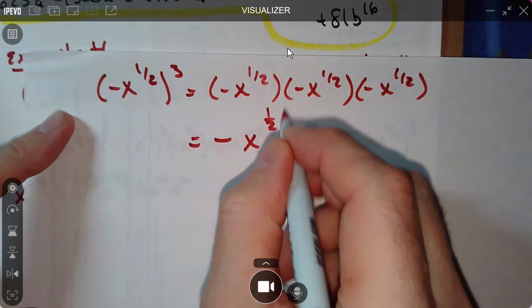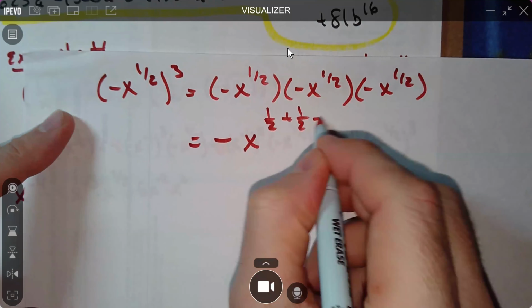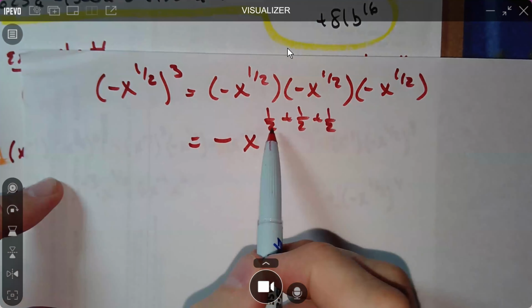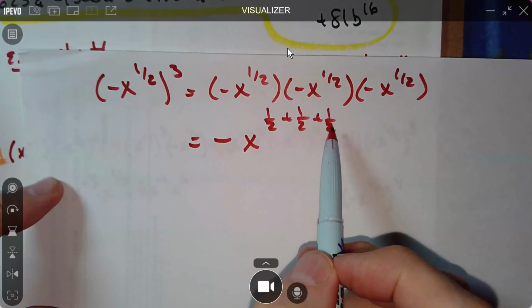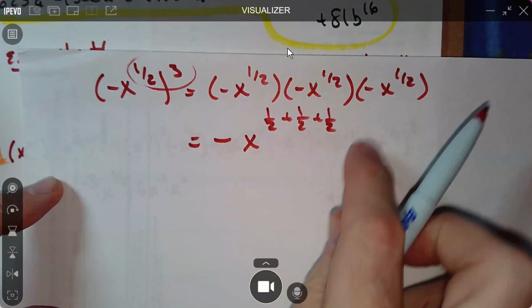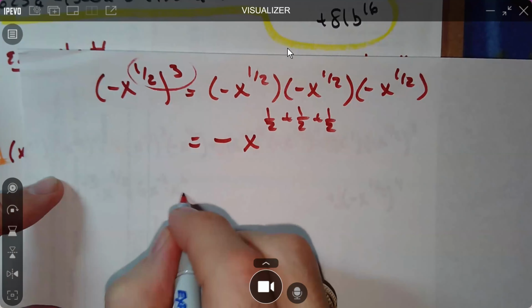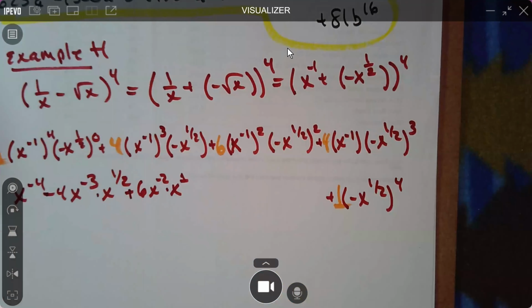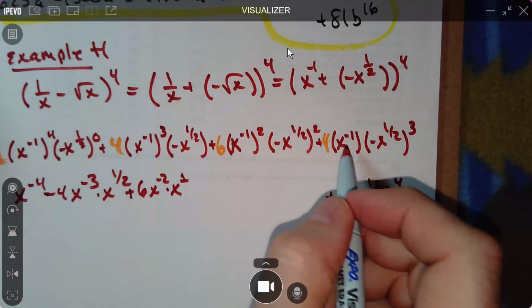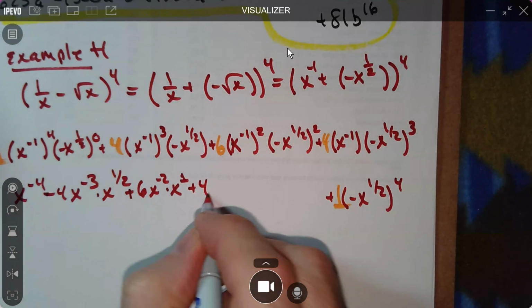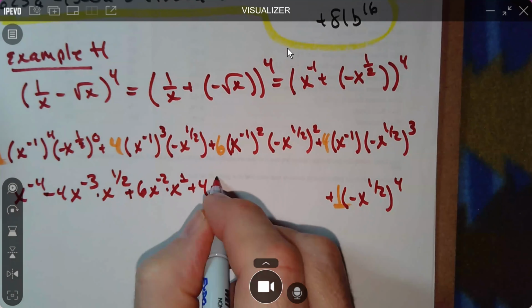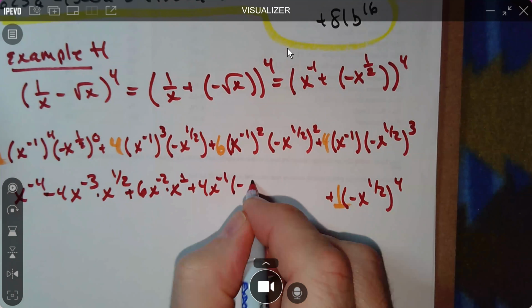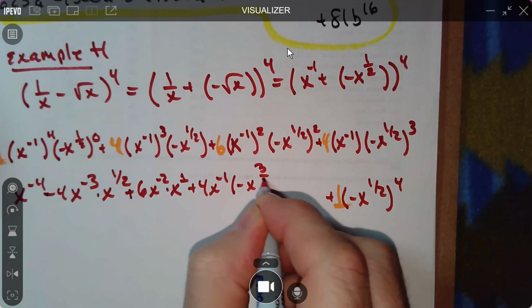And then add up the exponents: 1/2 plus 1/2 plus 1/2. Well, that's really 3 times 1/2, or negative x to the 3/2. So that's what comes out of this: plus 4x to the negative first power, and then negative x to the 3/2.